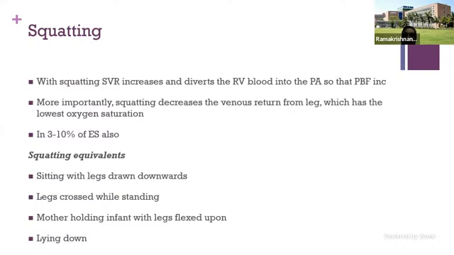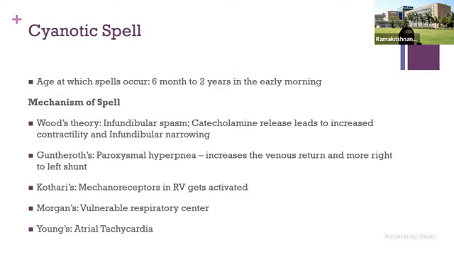More importantly, squatting decreases the venous return from the legs, which has the lowest oxygen saturation. As I told you, 3 to 10% of Eisenmenger syndrome patients, also in our series, reported a history of squatting. And there are some squatting equivalents that are described: sitting with legs drawn downwards, legs crossed while standing, mother holding the infant with legs flexed up, and lying down position can all be considered squatting equivalents.